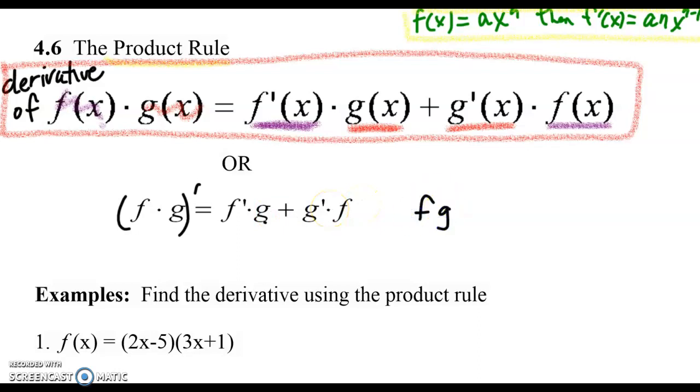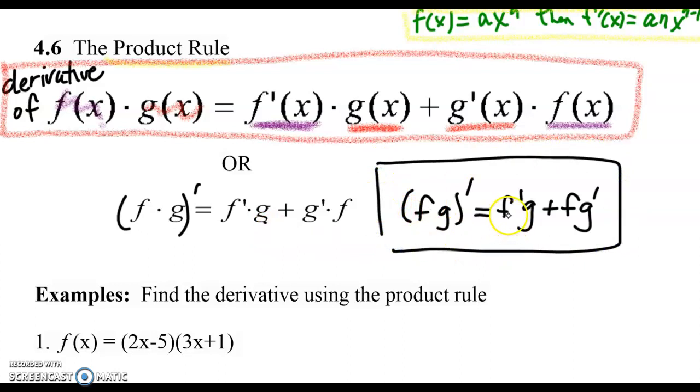When we're finding the derivative of two factors multiplied together, it's always the derivative of the first factor times g plus the first factor times the derivative of the second. So exactly the same formulas. This one just always keeps the first factor first, the second factor second, and then you take the derivative of the first in this term and the derivative of the second in this.